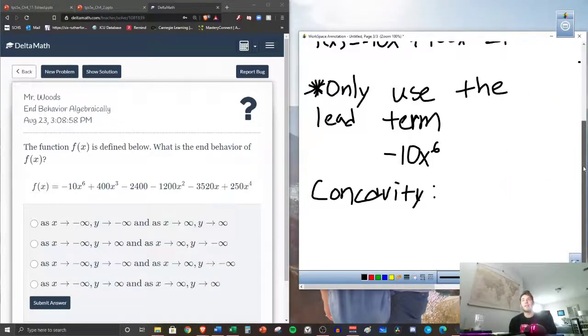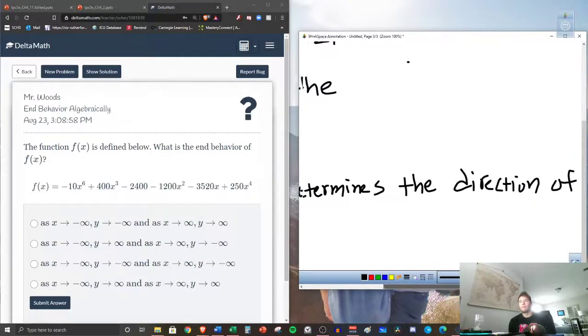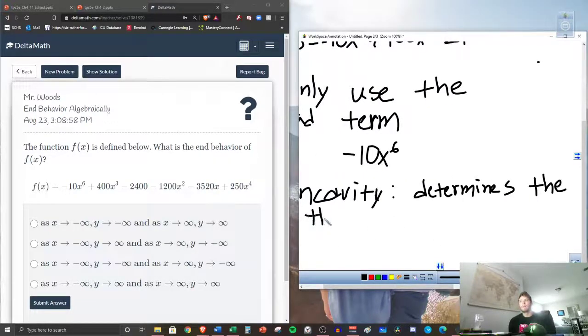Well, what does concavity actually tell us? Concavity determines the direction of the graph on the right side.